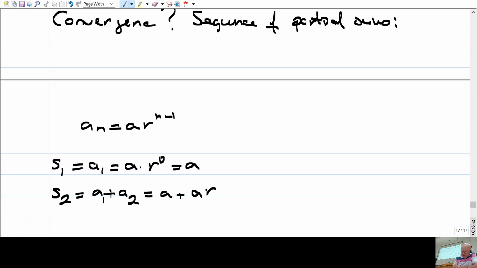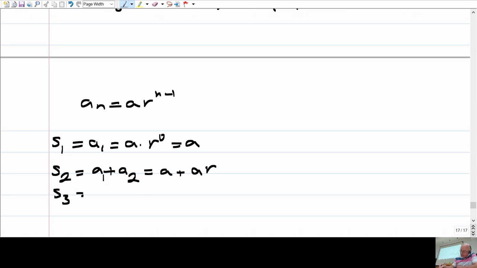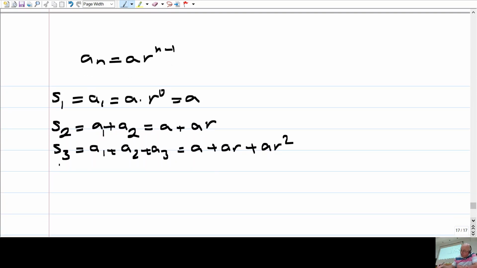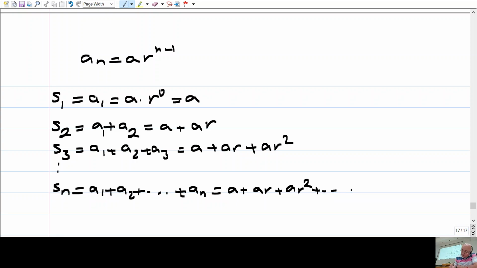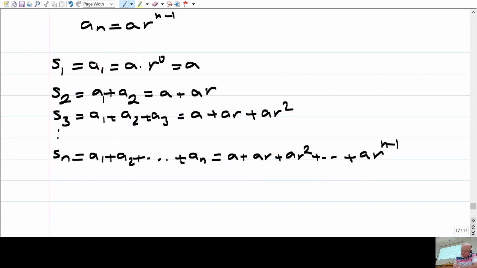What about S_3? It is a plus a r plus a r squared. Goes like this. S_n is a plus a r plus a r squared plus up to a r to the power n minus 1.